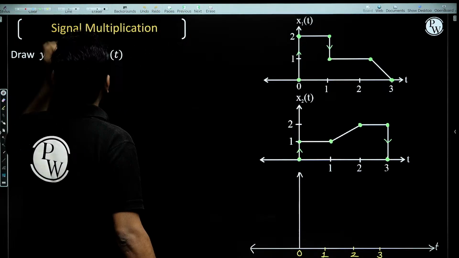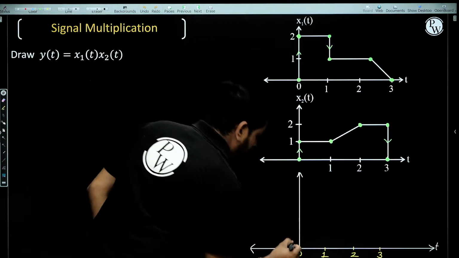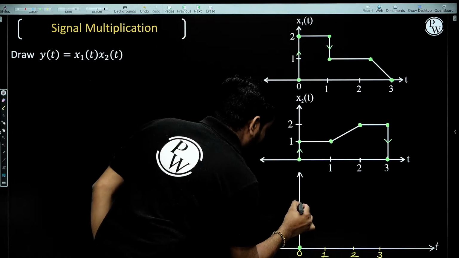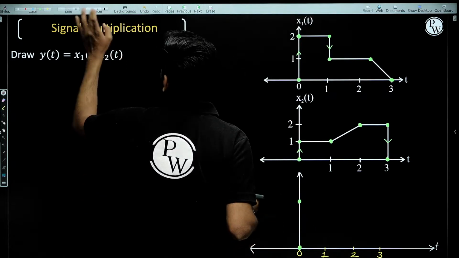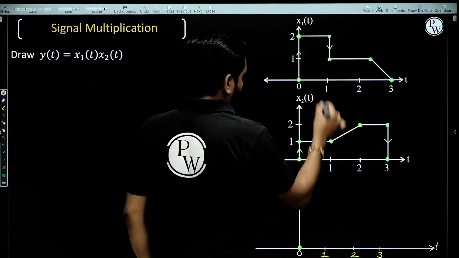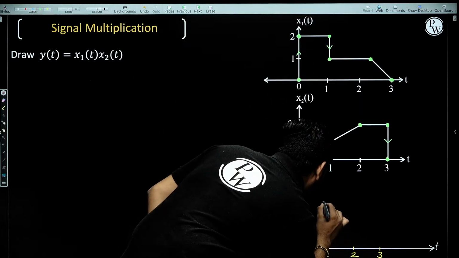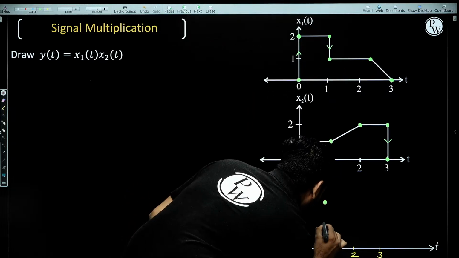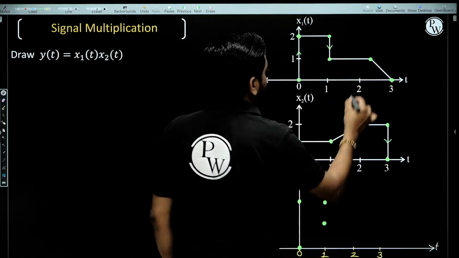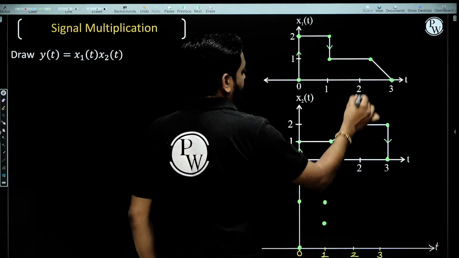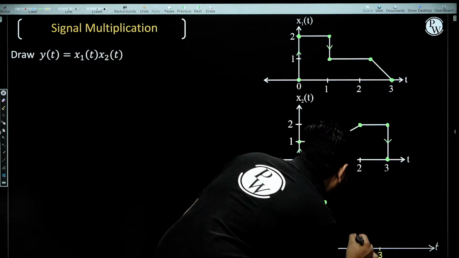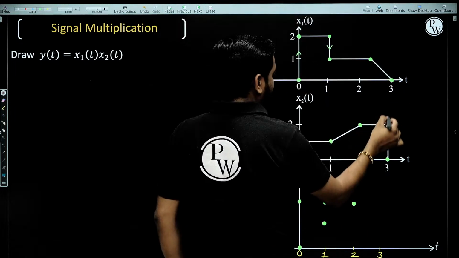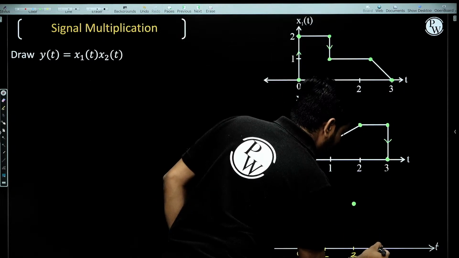Here you can see 0 into 0 is 0. 2 into 1 is 2. Next, 2 into 1 is 2. 1 into 1 is 1. Then 1 into 2 is nothing but 2, guys. Then 0 into 2 is 0.